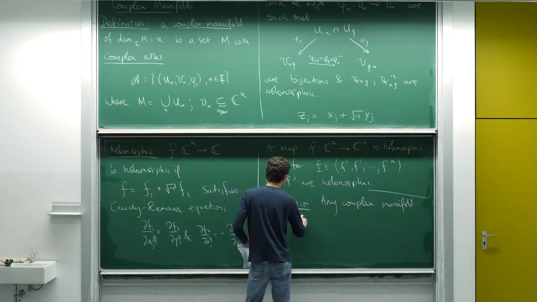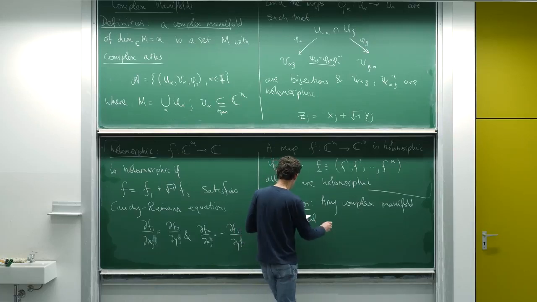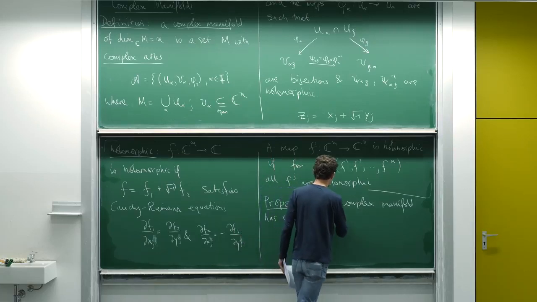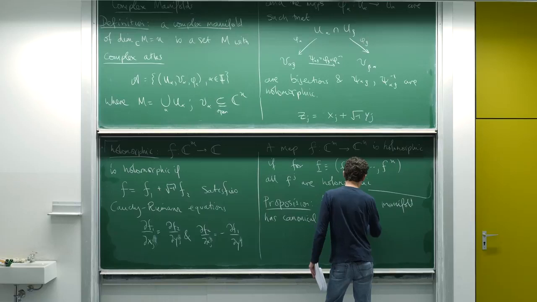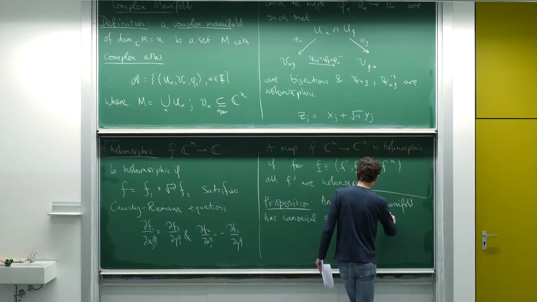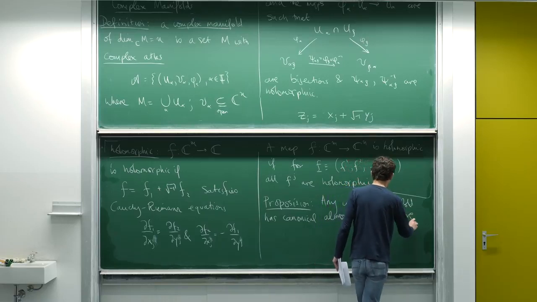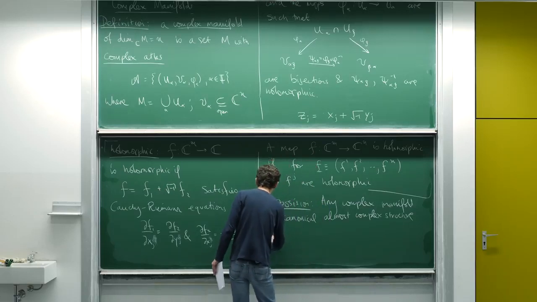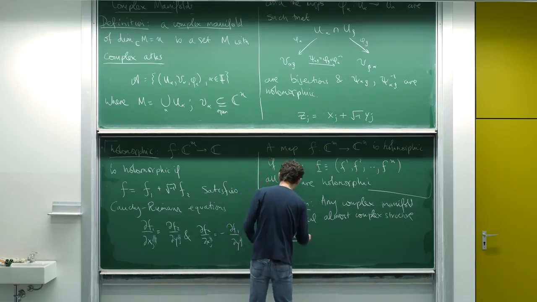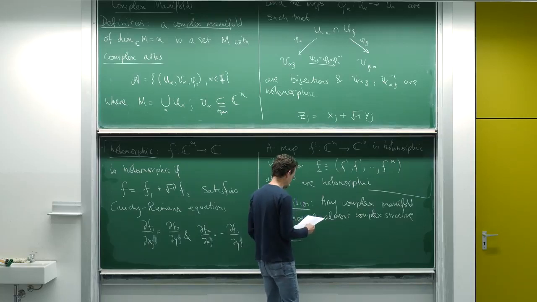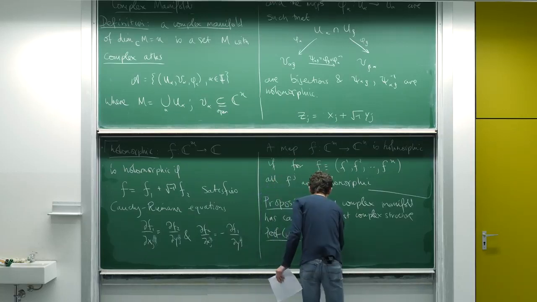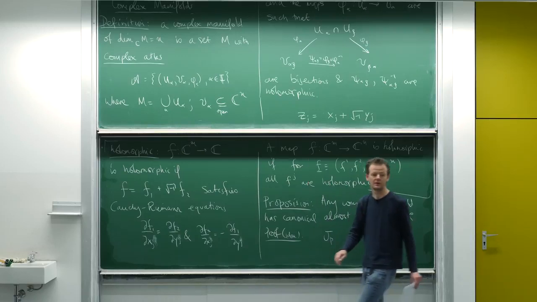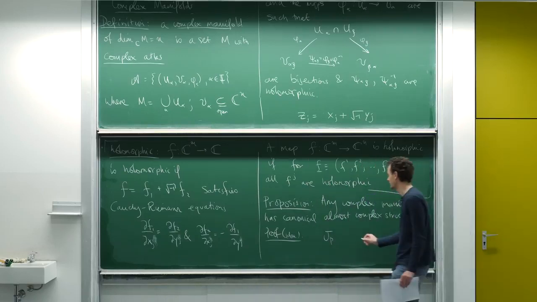Well, it's better than that. It has a canonical almost complex structure. And the proof idea, I mean, it's a bit longer than what I'm about to write, but you just define on tangent space the following linear map.